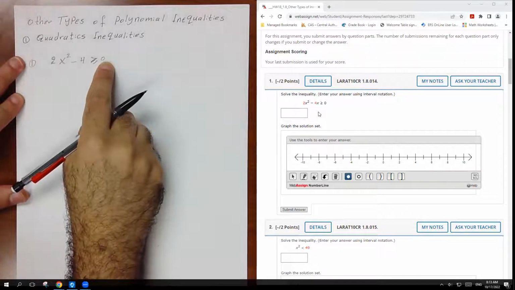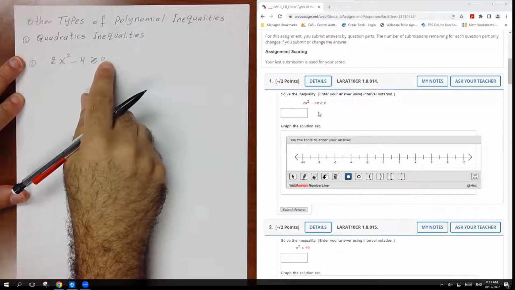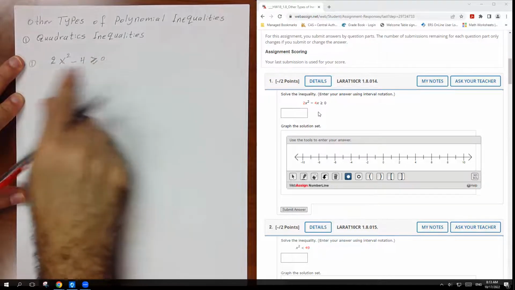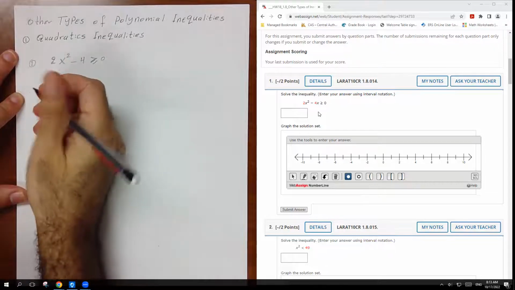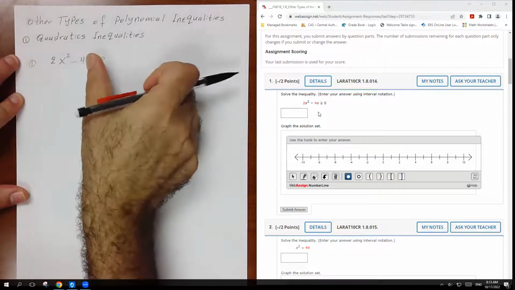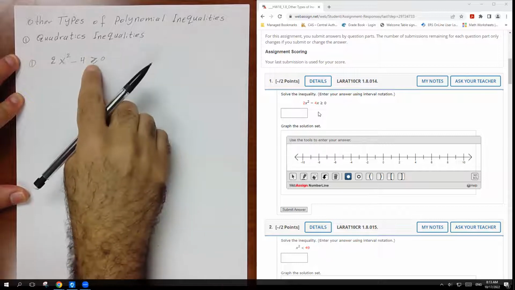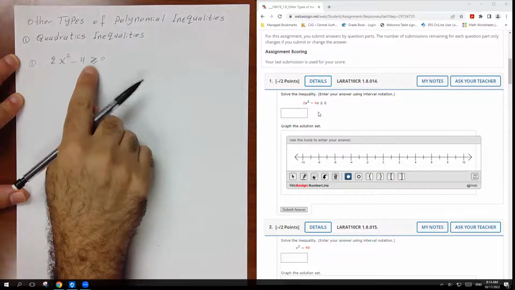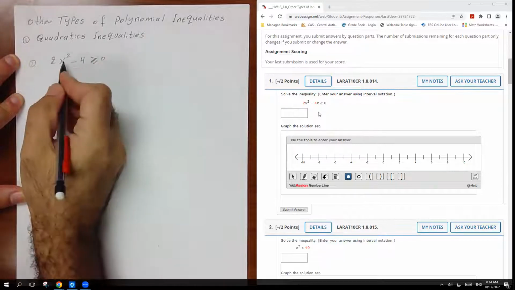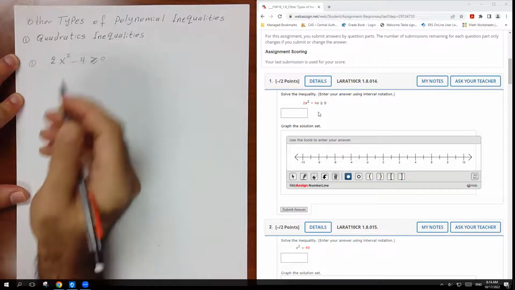So the first thing, we need to find the key numbers for this inequality. What I'm going to do, we need to factor this side. So don't look at the greater than or equal to, factor this side. 2x squared minus 4x greater than or equal to 0. I'm going to get the GCF here.